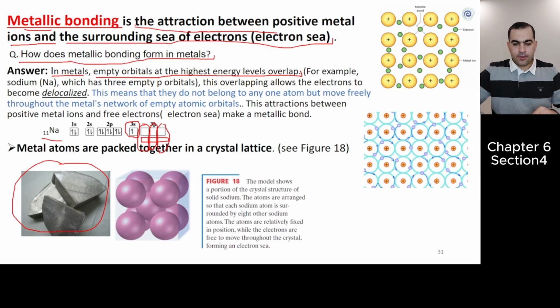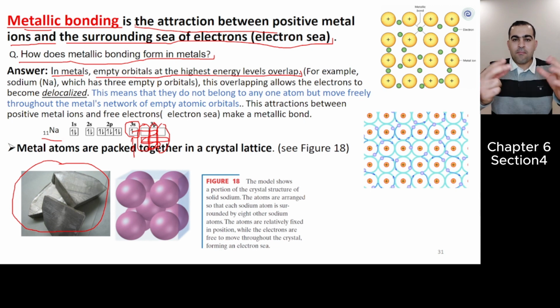They have overlapped. What happens to the valence electrons of sodium atoms when their empty orbitals overlap? The valence electrons of atoms, each sodium atom's valence electron, moves throughout these empty orbitals. Okay? It means that we can say sodium atoms lose their electrons to where?